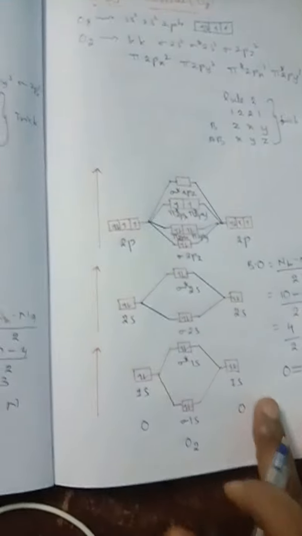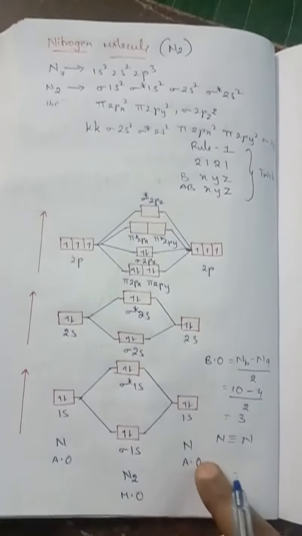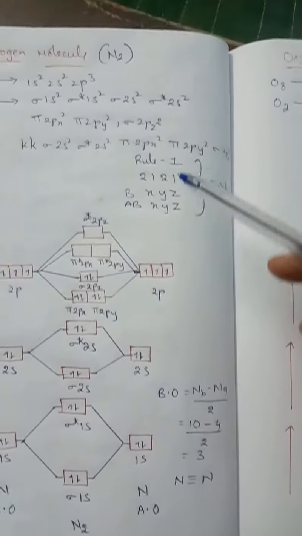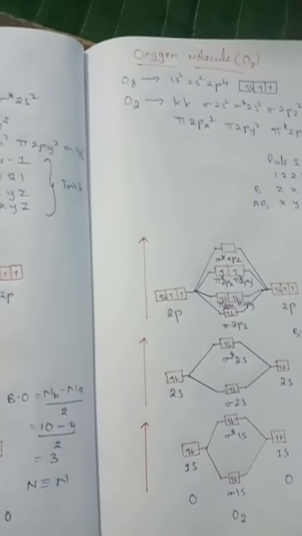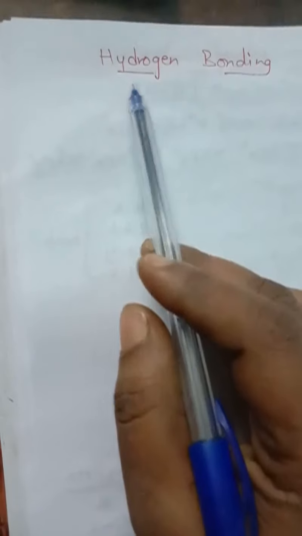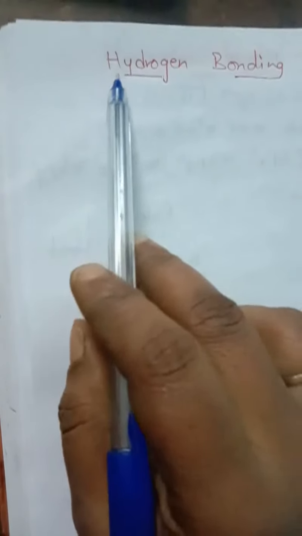So this is how you have to represent the molecular orbital diagrams for nitrogen and oxygen. With the help of this small trick, you can write for other molecules also. Understood, children? And the last subtopic of this chapter is hydrogen bonding. By the name itself you can understand that hydrogen bonding means hydrogen forms some bond with other atoms.